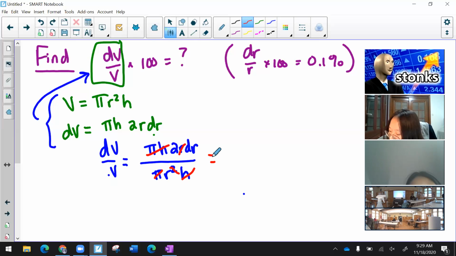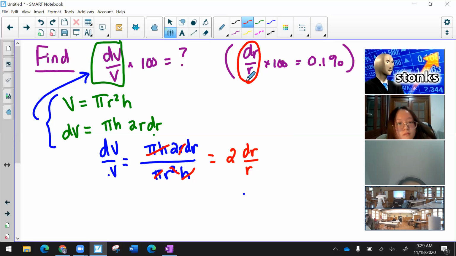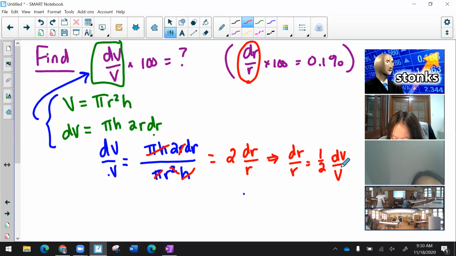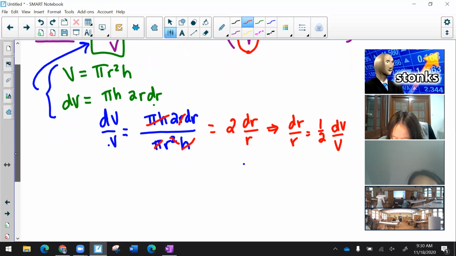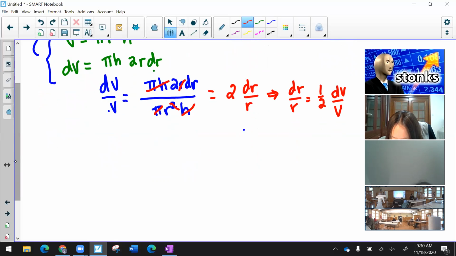One of my r's cancel. And I end up with 2 times dr over r. Dr over r is what I want, right? So this tells me that dr over r is 1/2 dV over V. Oh, that's not really what I wanted to do. There's something wrong with that. It's just not helpful. I want to erase it.